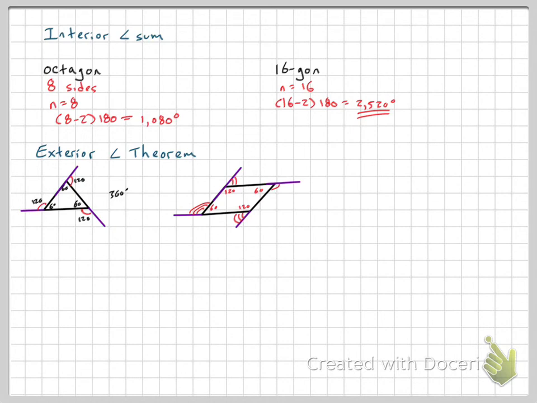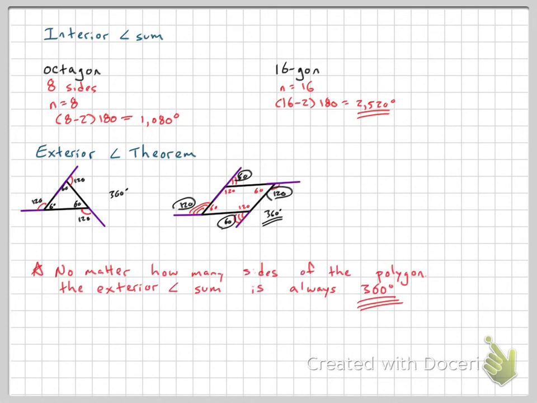Now let's look at this though. 60, 120, 60, 120. These four angles, even though our interior angle sum is larger than in our triangle, our exterior angle sum is still 360 degrees.